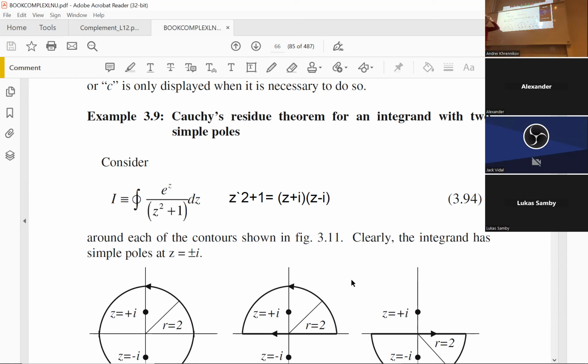They do precisely as I told. They found the two square roots of minus 1, i and minus i, and then depending on how many singularities are inside the contour, we apply either the formula for two poles, here for only one pole, and here for only the second pole.